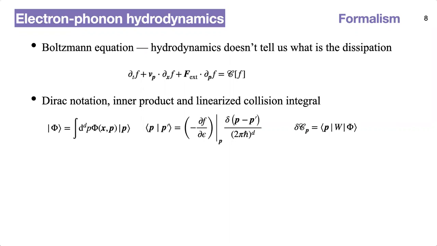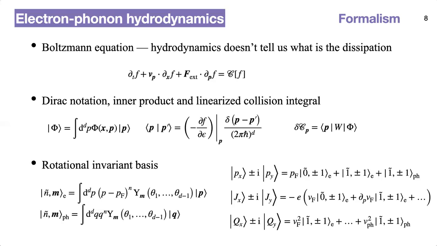To further facilitate our formalism, we introduce the Dirac notation here, and phi can be thought of as the deviation of the distribution function from equilibrium. The inner product is defined here. And from this notation, we can get the linearized collision integral as a matrix.